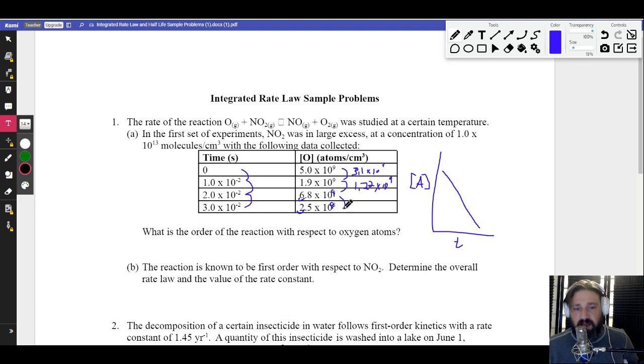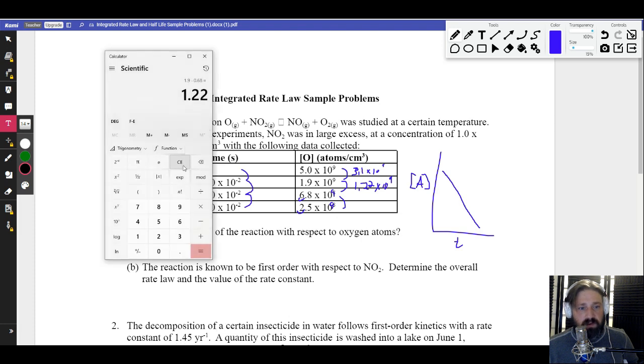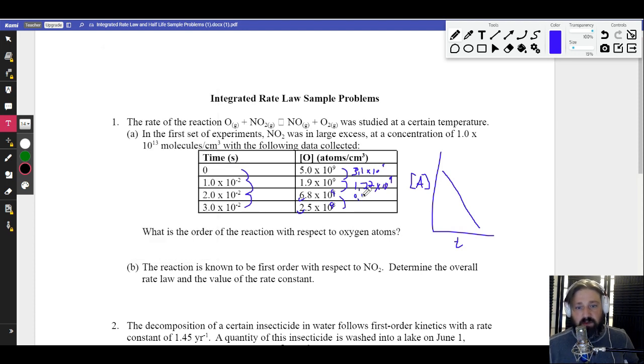So that's not it. And what is this drop? 0.68 minus 0.25, and this drop is 0.43. So as time goes on, we know that this isn't linear.